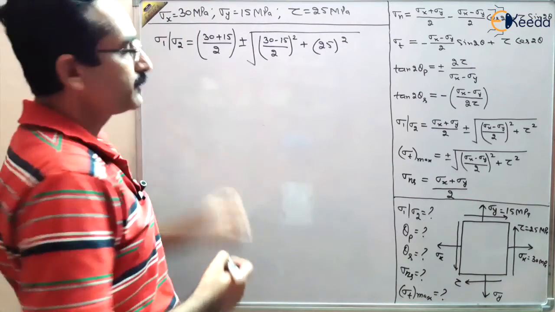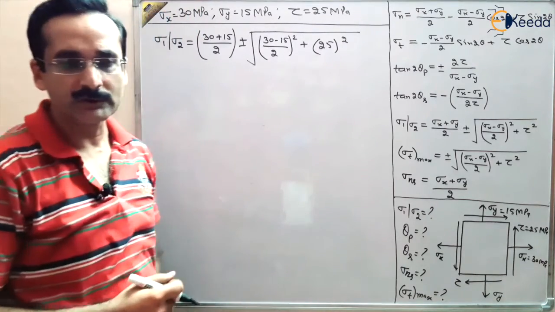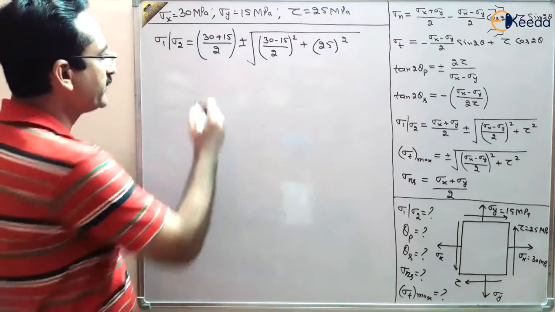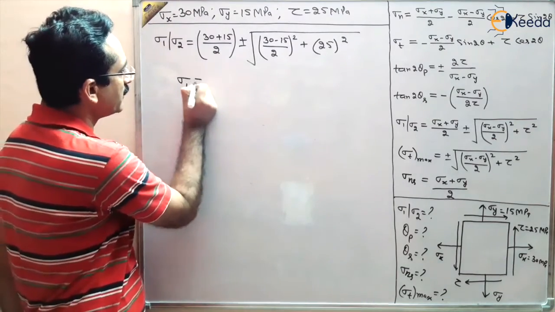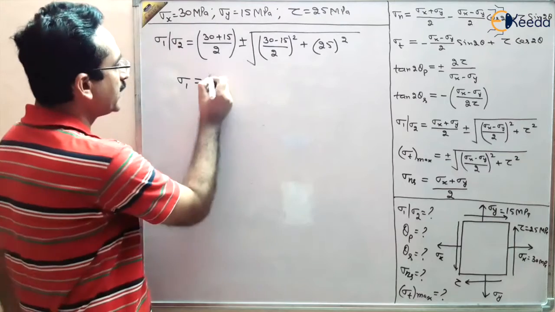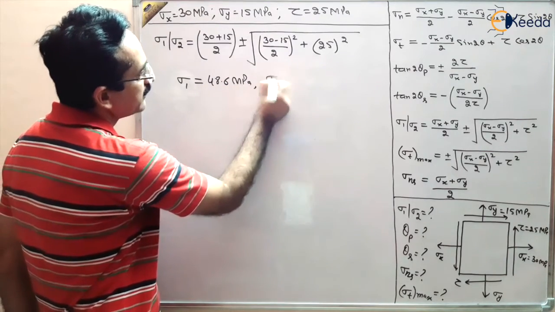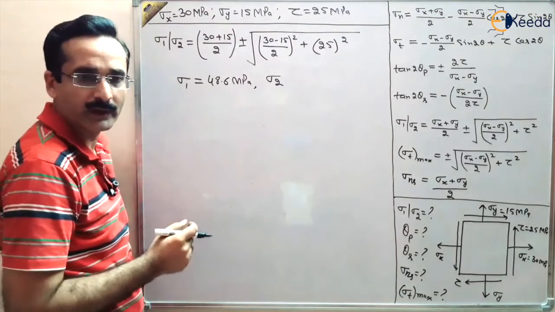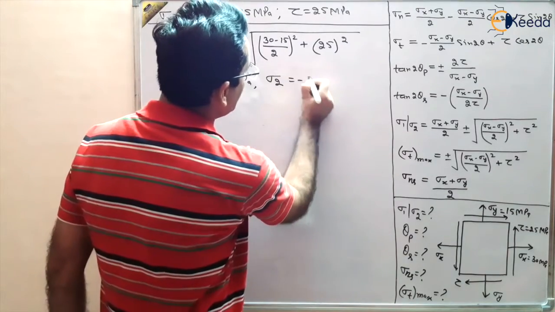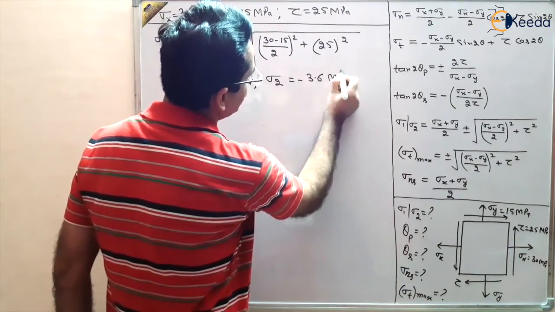Take your time, use a calculator and solve this numerical. You will get sigma 1 as 48.6 megapascal, and sigma 2 as minus 3.6 megapascal.